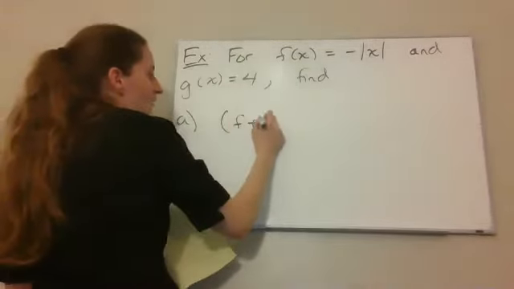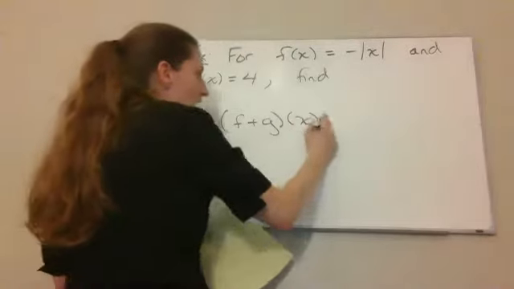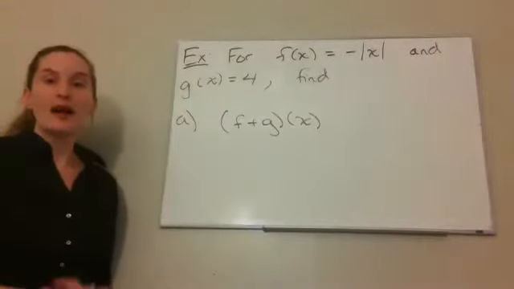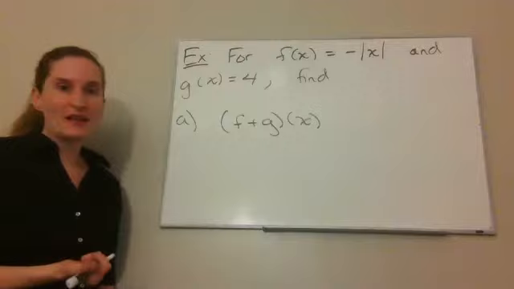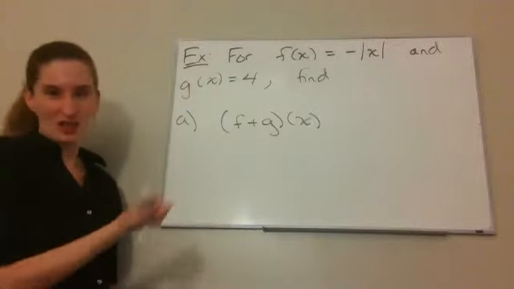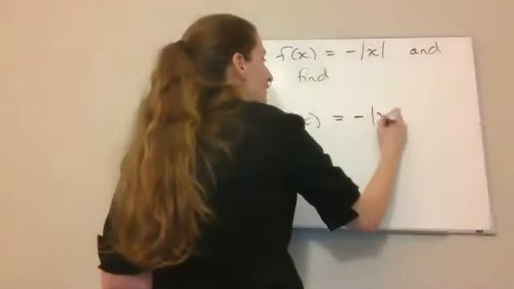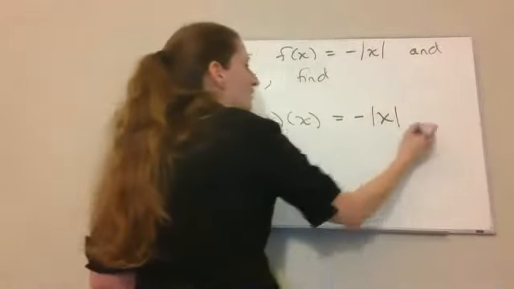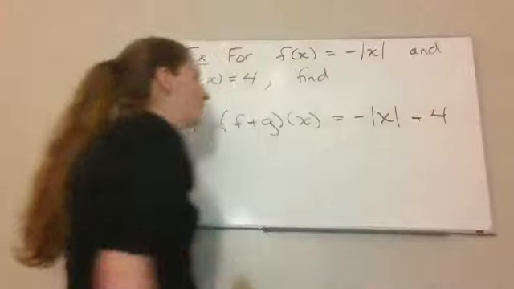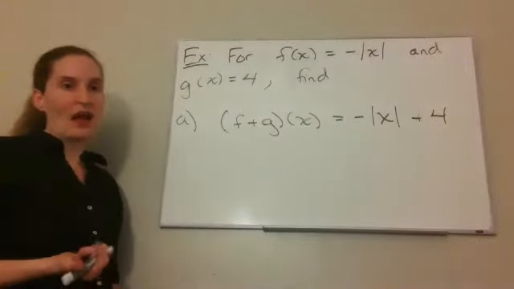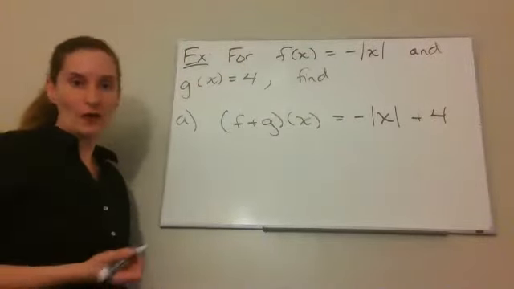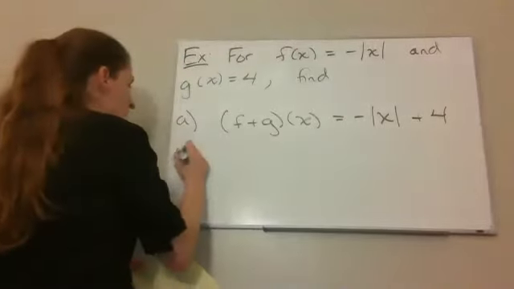We'll start with f plus g of x. So remember, f plus g, all that means is I just have to add my f and add my g together. My f was negative absolute value of x, and g is 4. So f plus g is negative absolute value of x plus 4.